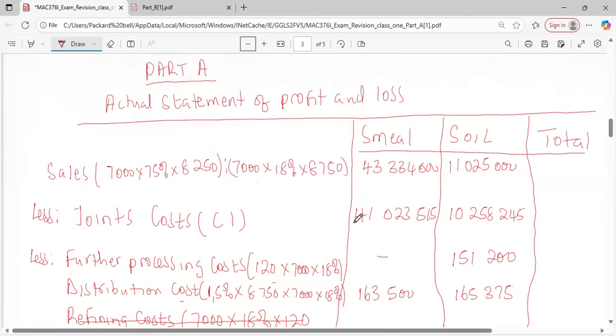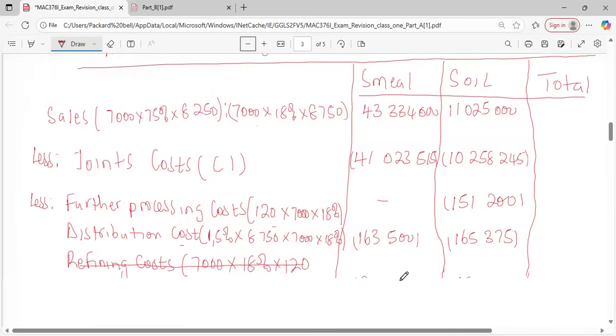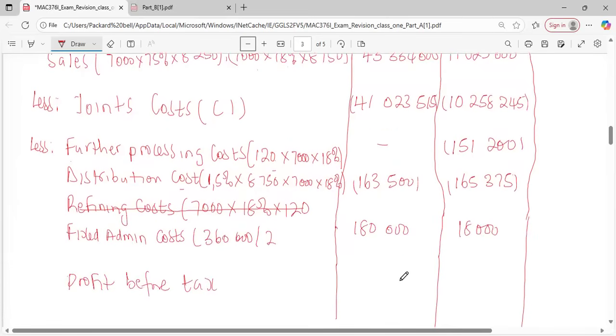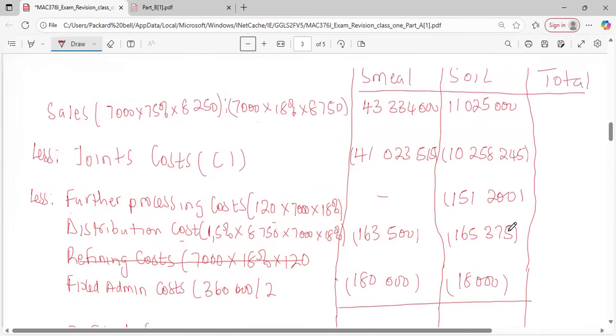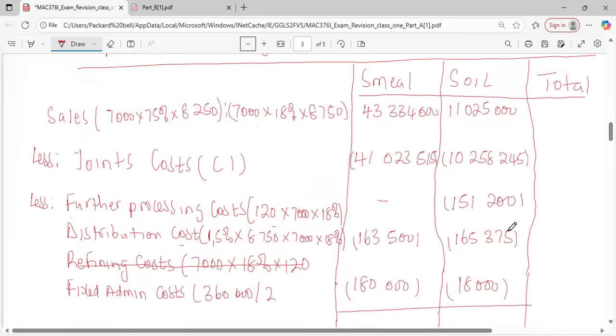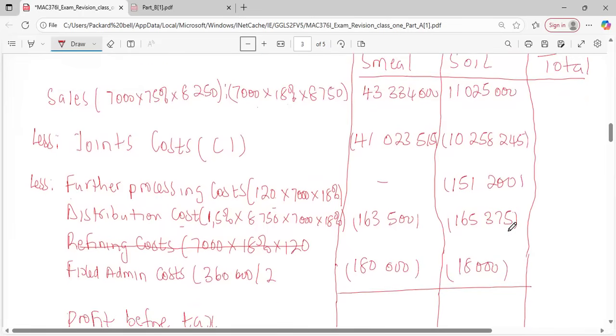If you don't want to put your total, if you want to less them from here, you can put your brackets here. So what is going to be our profit for the year? We just less from the top. Someone can just less the other column, and someone can just less the other column there. Then we have our final answers.